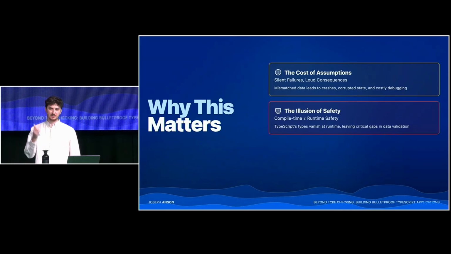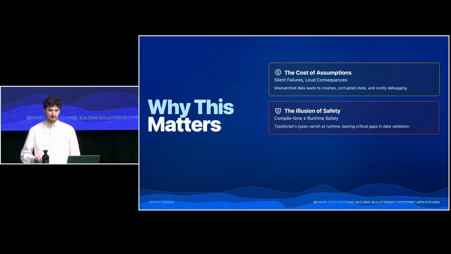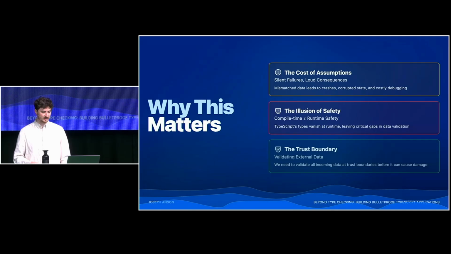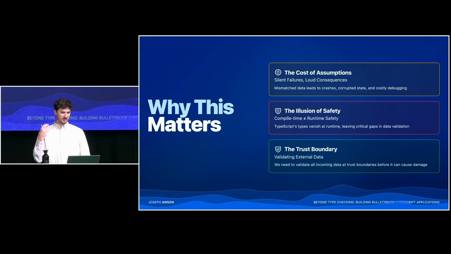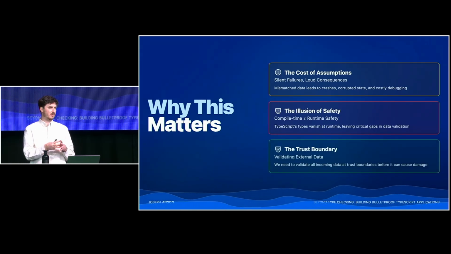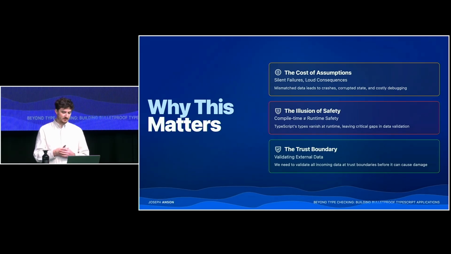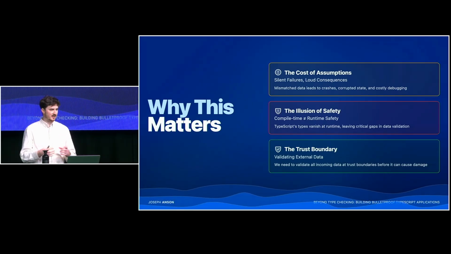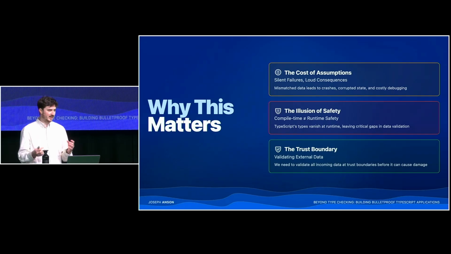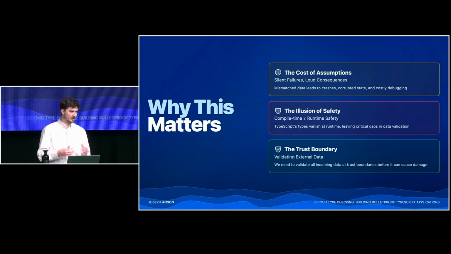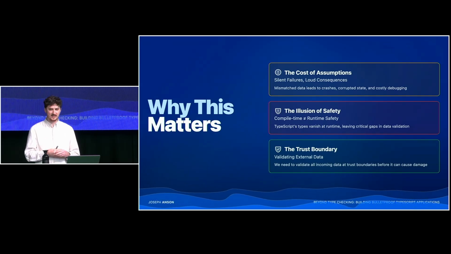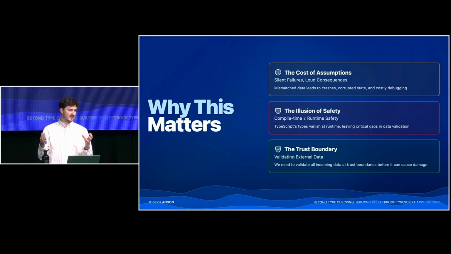Just because in our application we say it's something, very often it doesn't end up being. And thirdly, why it's important to think of this trust boundary is that we have full control of how we trust the data flow into our application, and we should be validating all the data and everything that comes into our application to ensure that it doesn't cause any damage to our application in the long run, whether that's via corrupted state, or maybe setting data within the store.